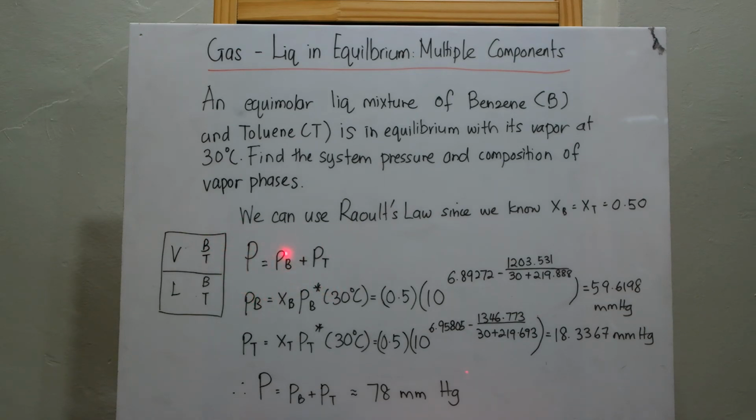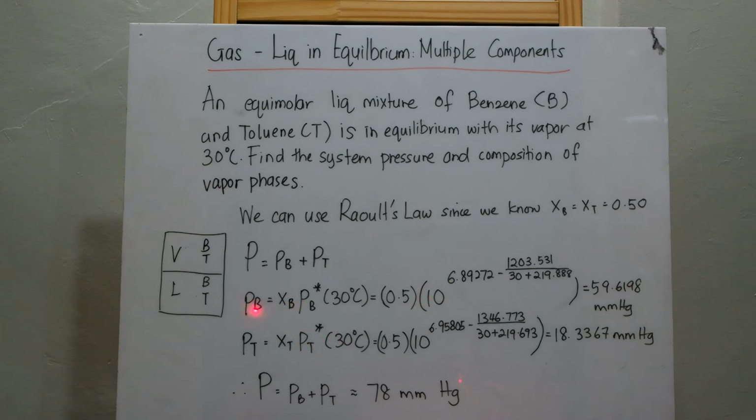To find the partial pressure of benzene, we remember the partial pressure of benzene is equal to the mole fraction of benzene times the vapor pressure of benzene. The vapor pressure of benzene is calculated using the Antoine equation.